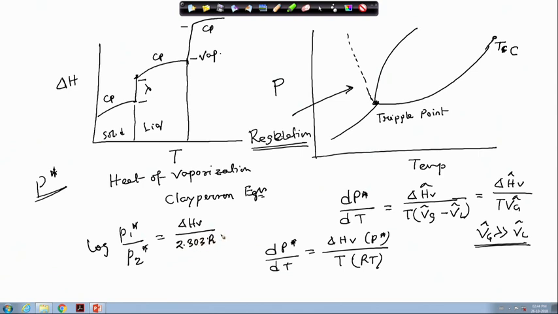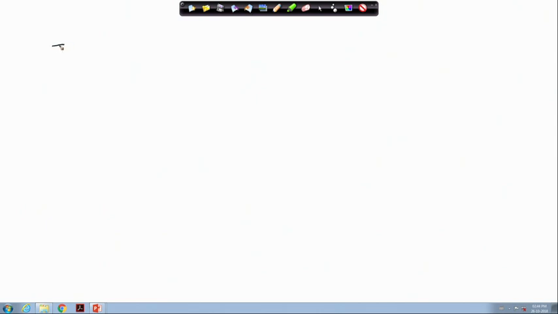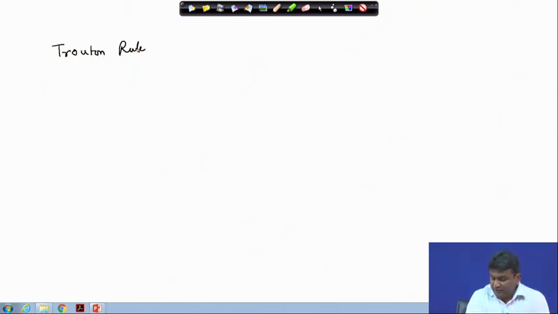Kindly refer to the handout for more details, and one thing I did not get the time to cover in this lecture is that in conjunction with the Clausius-Clapeyron equation, you can talk about the Trouton rule, which tells you that delta Hv by Tb, the boiling temperature, is constant.